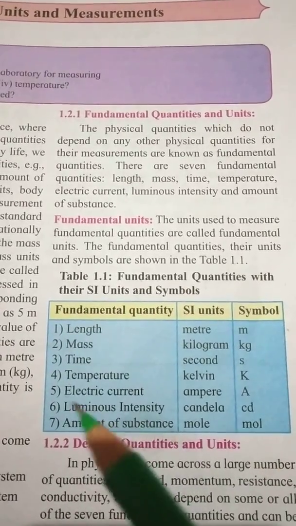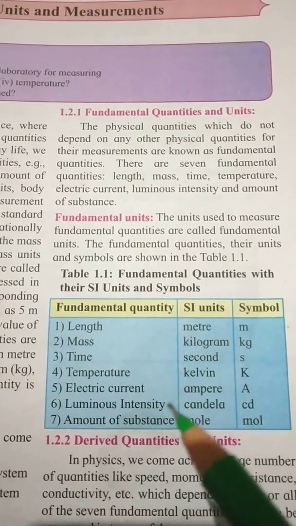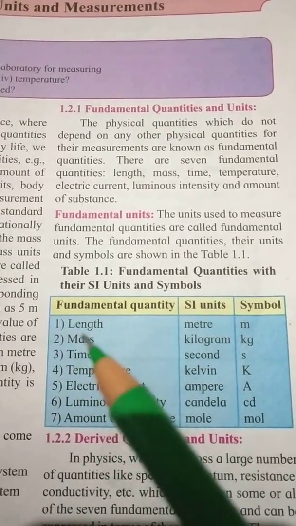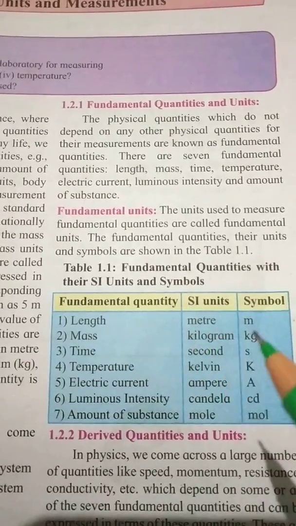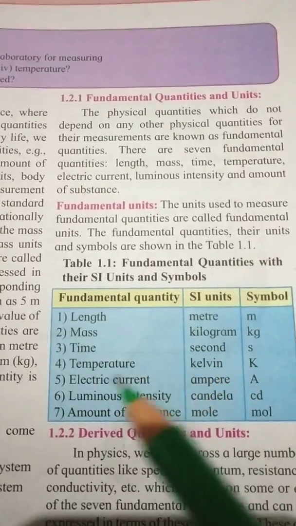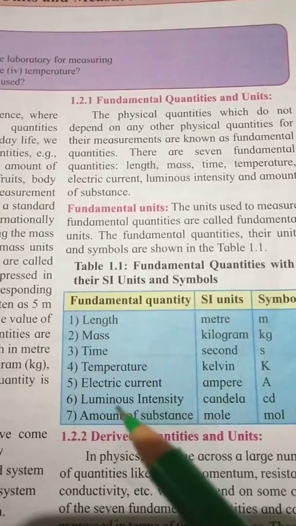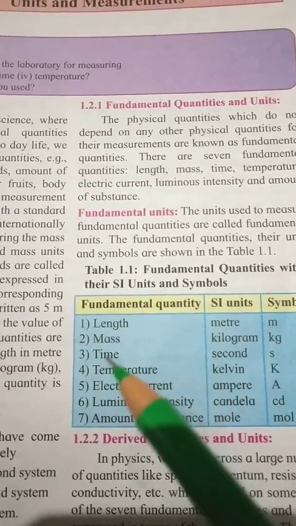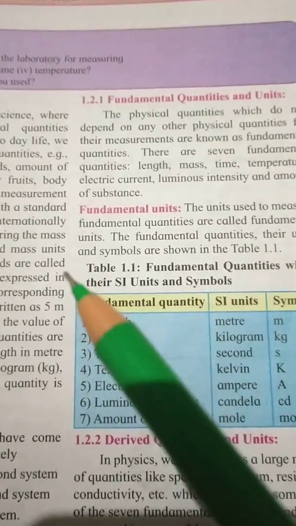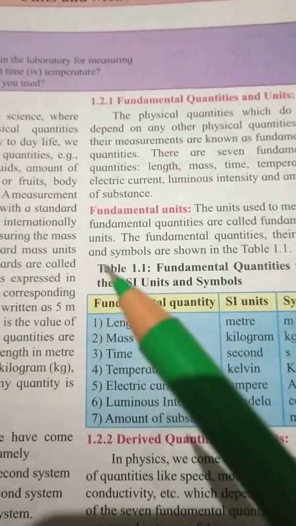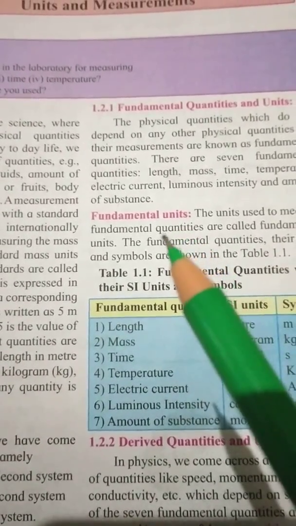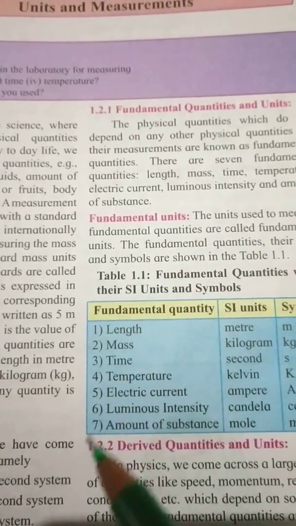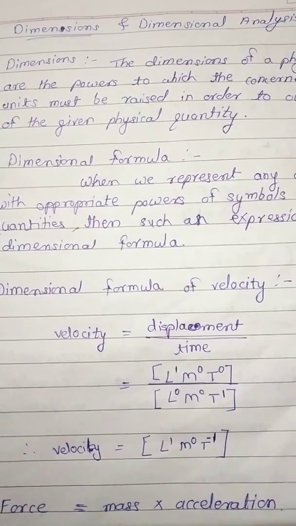We also learned the 7 fundamental quantities and their units and symbols. So all these points we have already learned, and now we are going to the next points, which depend on these basic points.